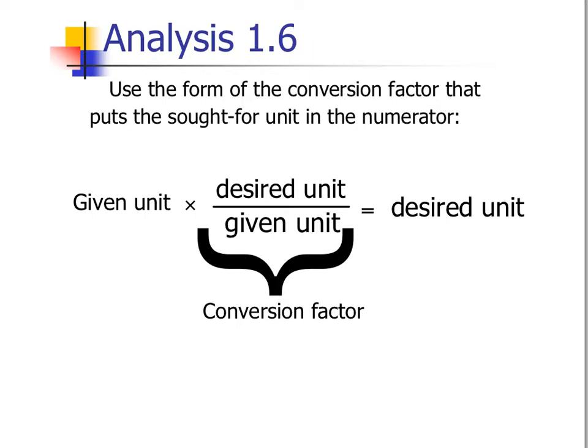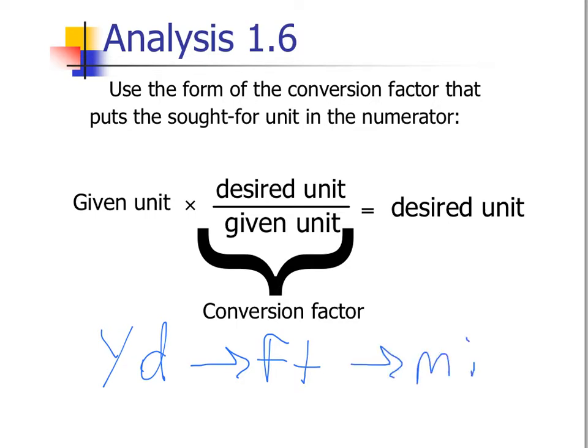An example of that is if I asked you, one football field has about 120 yards on it, if you count end zone to end zone, how many miles is that? That would then require you to go from yards to feet, because that is one of the conversions that we know, and then from feet to miles, because that is the other conversion we know.